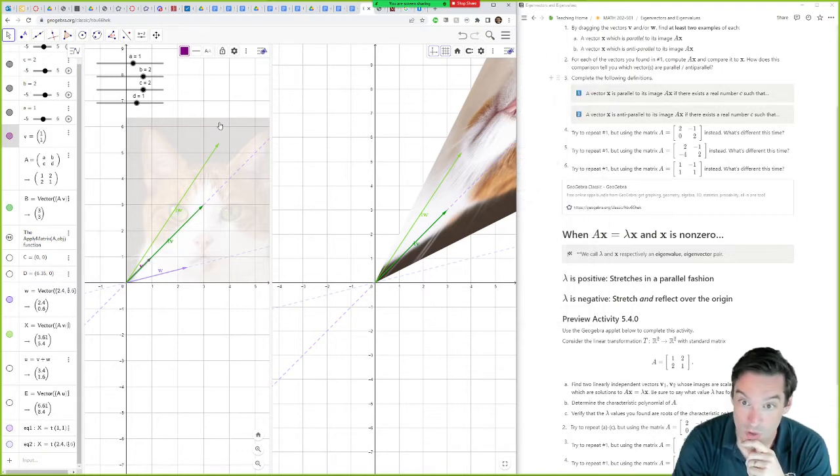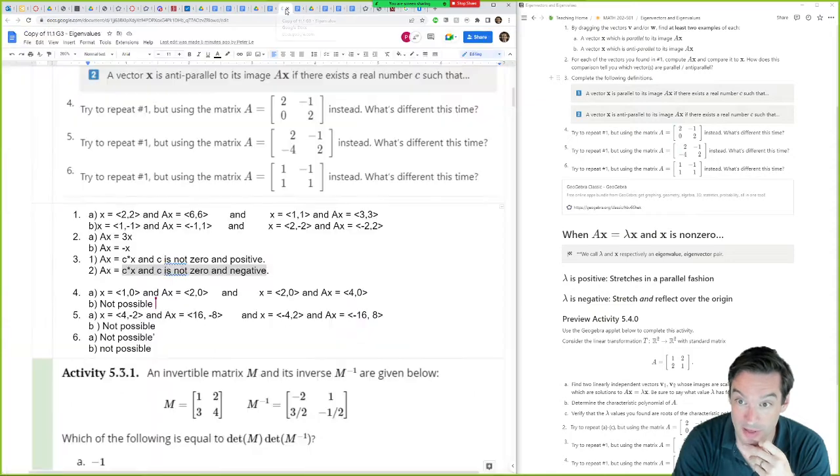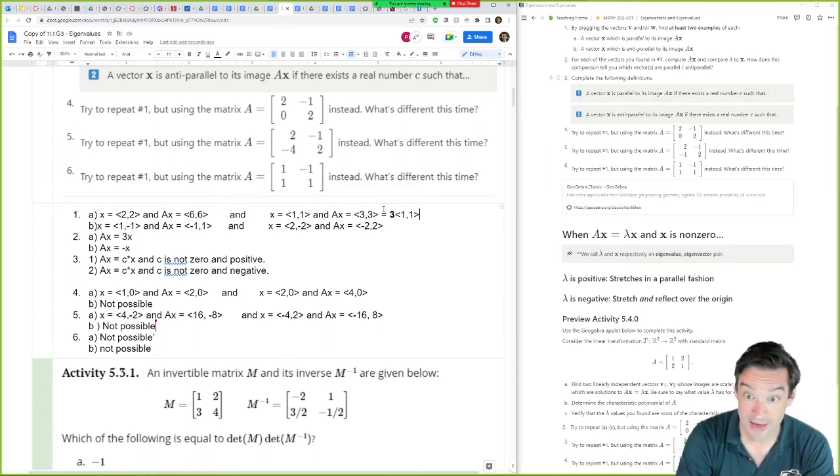So when I took 1, 1 and transformed it, what I ended up getting is 3, 3, right? Which happens to be 3 times 1, 1. And so we would say that 3 and 1, 1 together form an eigenvalue-eigenvector pair. So 1, 1 is the eigenvector, 3 is the eigenvalue.